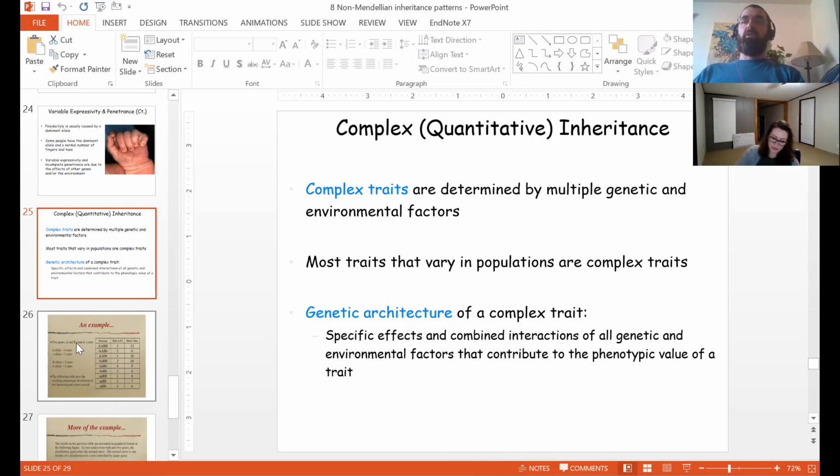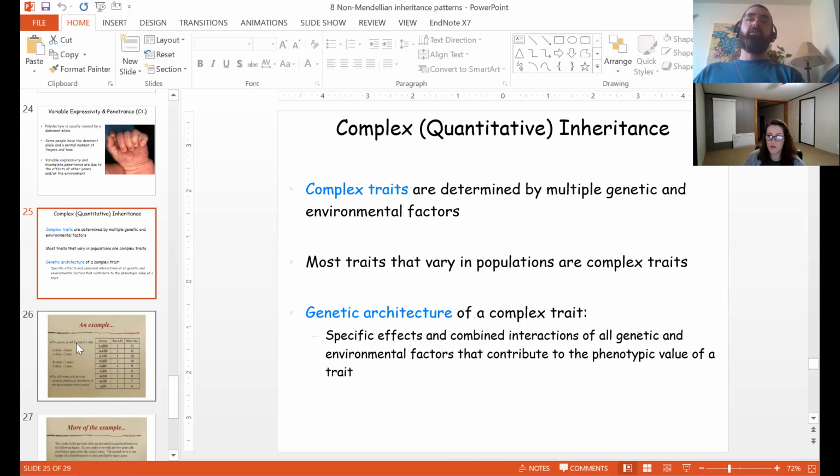So you should already know that. You shouldn't be writing that down, Tanya. It should already be in your head. But for example, epistasis: you're always going to miss one of the four or more phenotype combinations in the F2s.